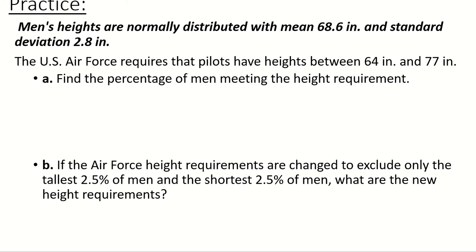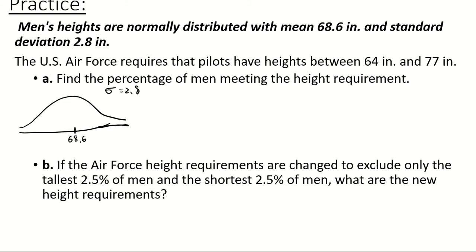Okay, so first let's draw a chart and understand what's going on here. So first of all, men heights are normally distributed, so you should have a bell curve. Then the mean, the number right in the middle, is 68.6. Standard deviation, I'm going to write it here, that's 2.8.